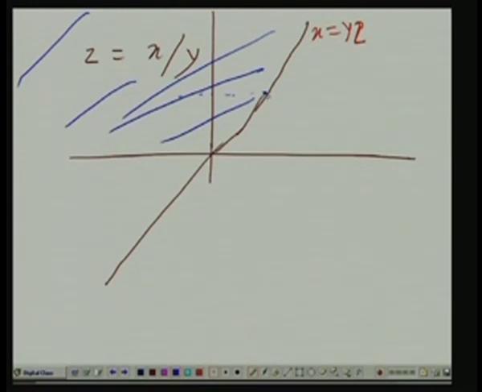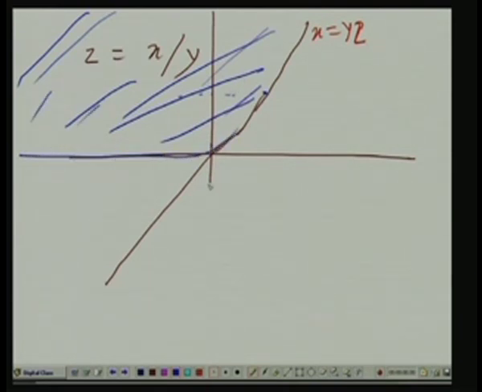On this line, x by y is equal to capital Z, but as you go to the left, entering this shaded area, x by y ratio will definitely have value less than capital Z. So, when y is positive, I have no problem. I simply take this zone.